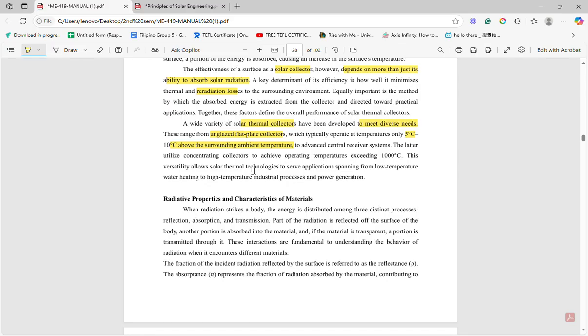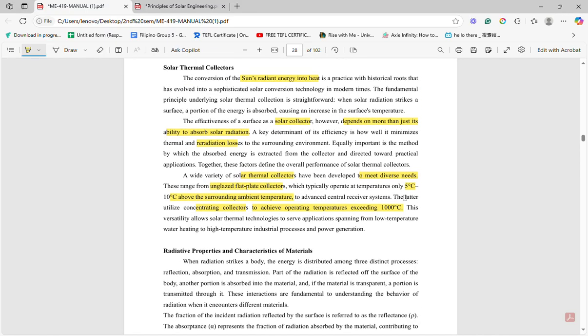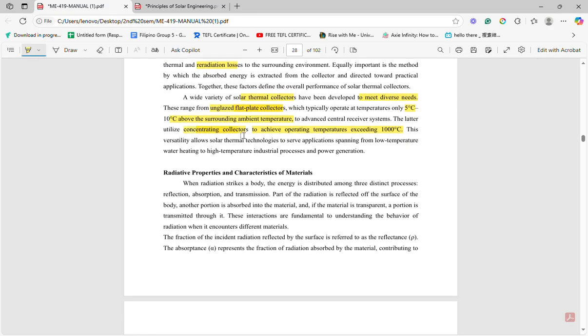The latter utilize concentrating collectors to achieve operating temperatures exceeding 1000 degrees Celsius. These types of collectors, the flat plate collectors and the concentrating collectors, we are going to be discussing on lesson 3.